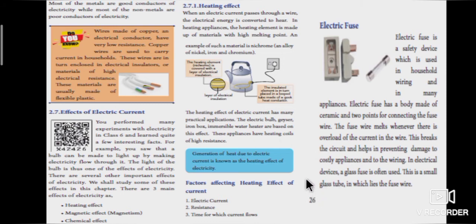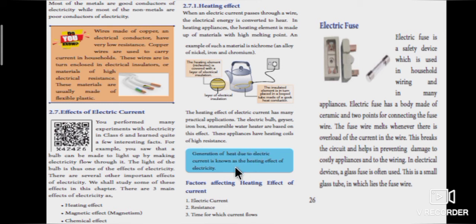Page number 26 explains about effects of electric current. Heating effect, magnetic effect and chemical effect are the important effects. First one, heating effect. Generation of heat due to electric current is known as the heating effect of electricity.